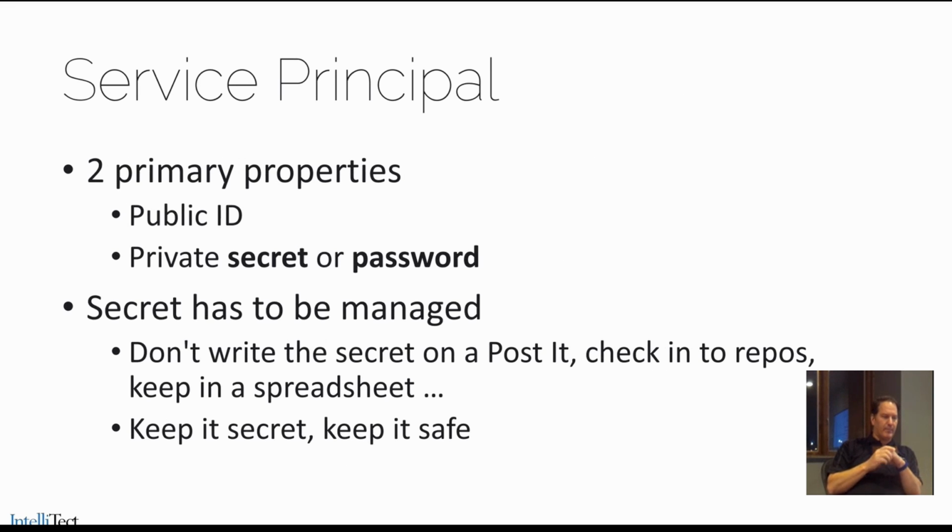So a principal generally has two properties: a public ID and a private secret or password. Again, I use service principal, which is really Azure terminology. In AWS land, this would be an account ID and a password, or it might be a quote unquote service account, because AWS doesn't really have the concept of an independent entity.